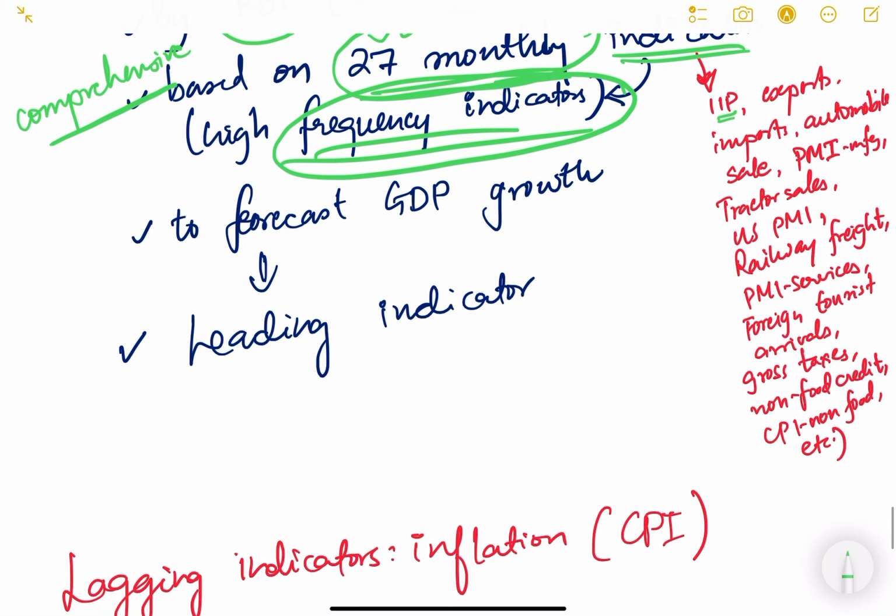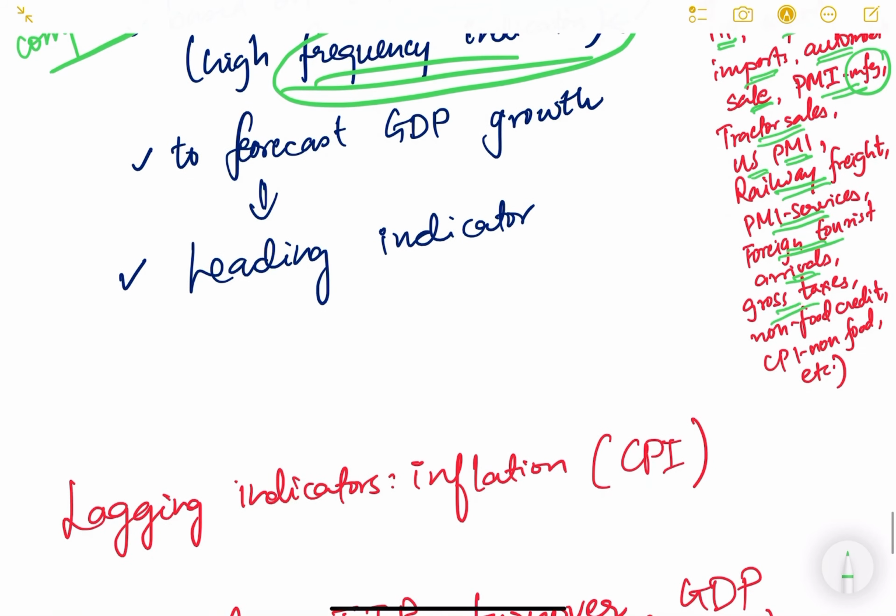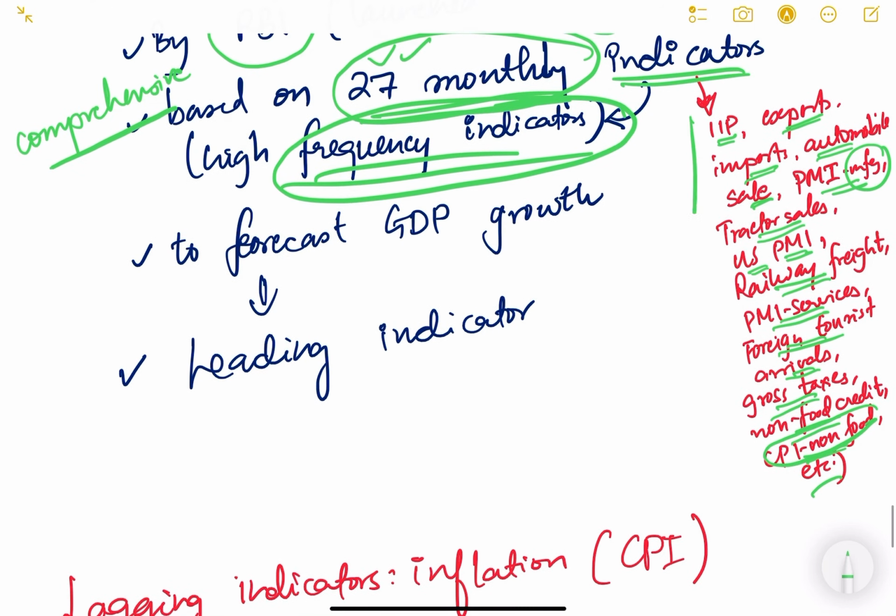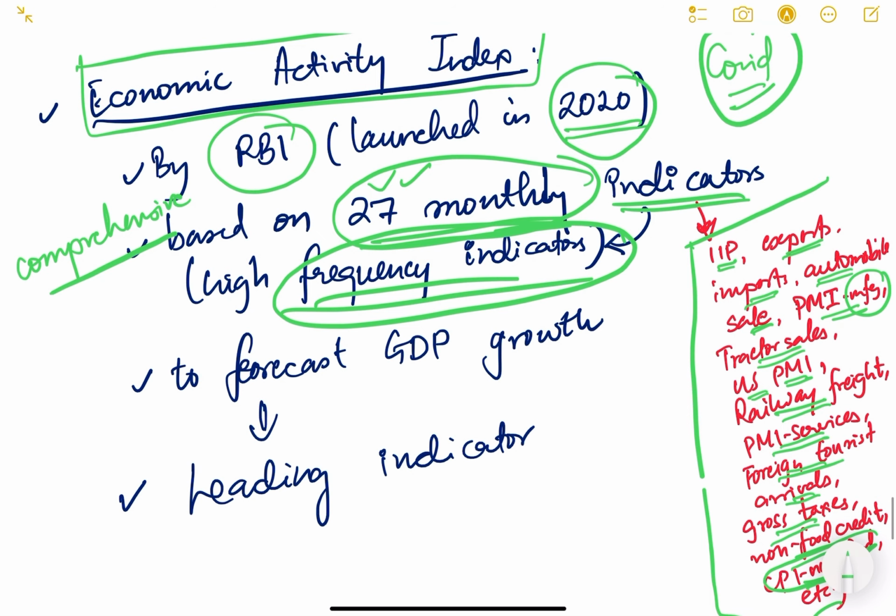It is IIP, index of industrial production, exports, imports, automobile sale, tractor sale, then purchasing manager index of manufacturing, purchasing manager index of service sector, then America's PMI, US PMI, railway freight, foreign tourist arrivals, gross taxes, non-food credit, CPI of non-food, etc. There are about 27 such indicators tracked here, and then they are combined. There is some mathematical process by which they are combined, and we obtain one index that is known as the economic activity index.